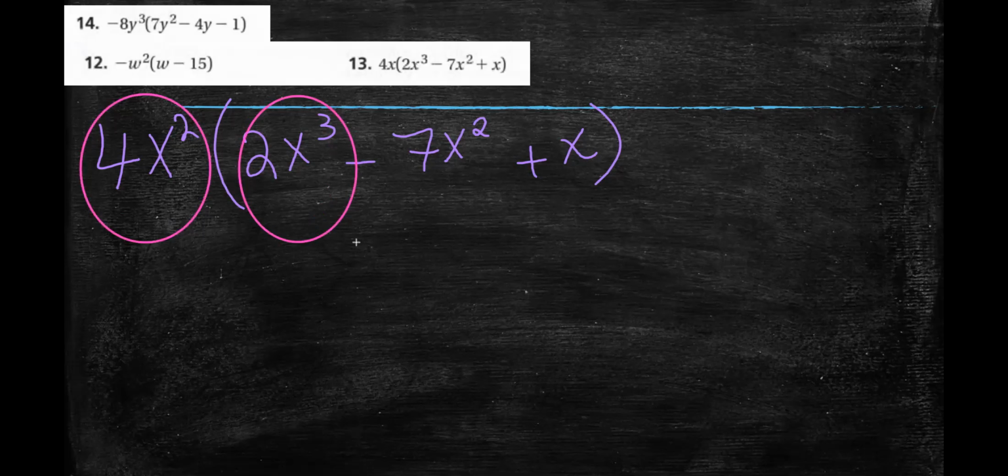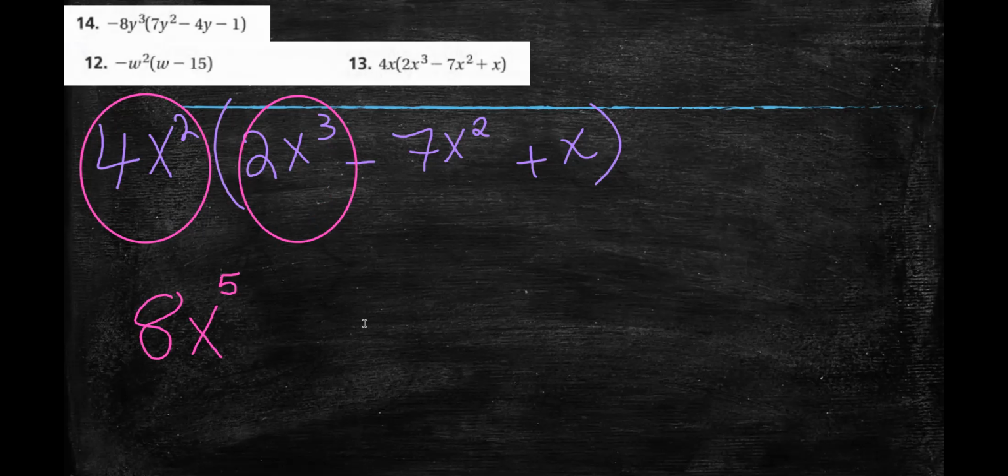Is it right? 4x. Yes. 2x to the power of 3 multiplied by 4x to the power of 2 equals 8x to the power of 6. I mean 5. Okay.